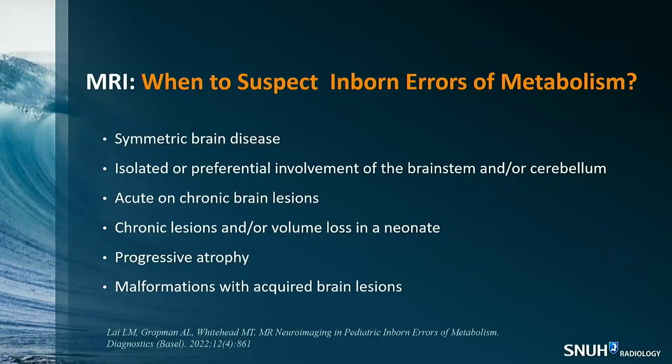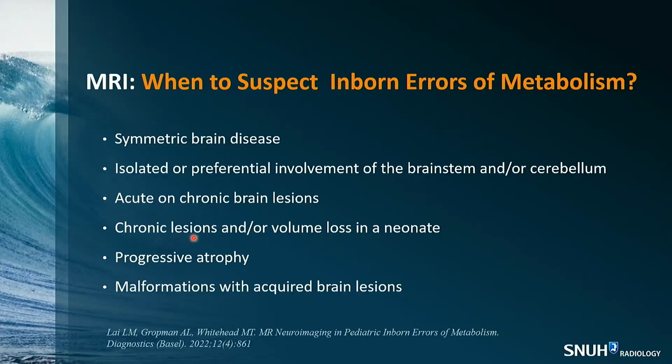So let's consider this. When we suspect inborn errors of metabolism during interpretation of an MRI, the first is symmetric brain lesion. The second one is isolated or preferential involvement of the brainstem or cerebellum. The third one is acute lesion on chronic brain lesion.